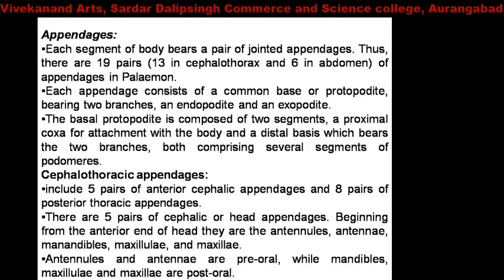So there are 5 pairs of cephalic or head appendages beginning from the anterior end of the head, and these are the antennules, antennae, mandibles, maxillules and maxillae. Antennules and antennae are preoral, meaning above the oral surface, while the mandibles, maxillules and maxillae are in the post-oral position.